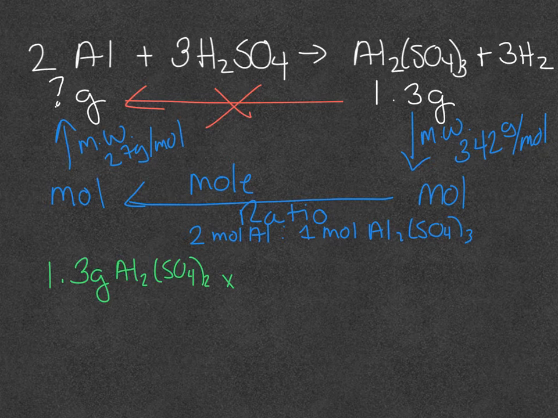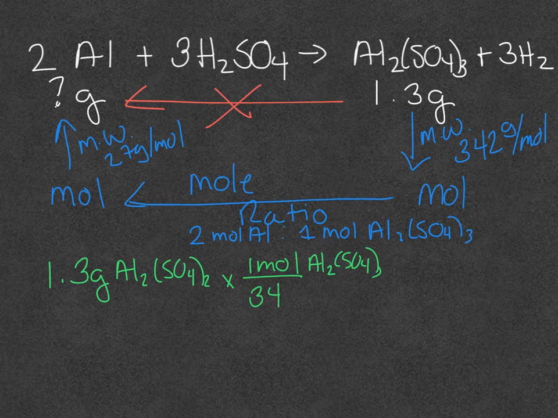So I'm going to multiply that by 1 mole, because that's the unit I'm trying to get to. So we've got our moles of aluminum sulfate, and then it's 342 grams of aluminum sulfate. I wrote it that way because I want to be able to cancel those units of grams.